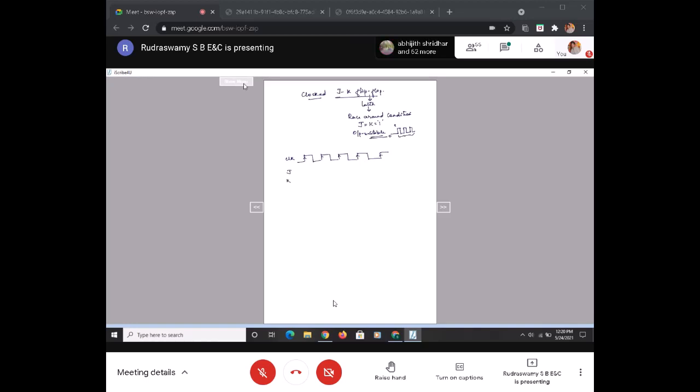J and K. For example, J is 1 somewhere here, and K is 0. This is edge trigger, whereas this is my level sensitive. I have a differentiation between the edge and the level sensitive. Right now, since it is a latch, it is all about level sensitive.